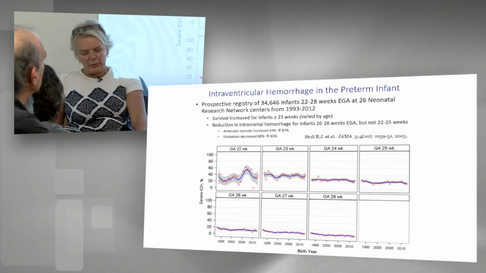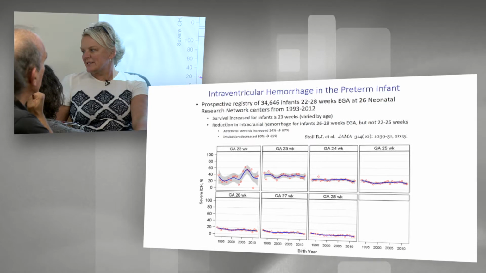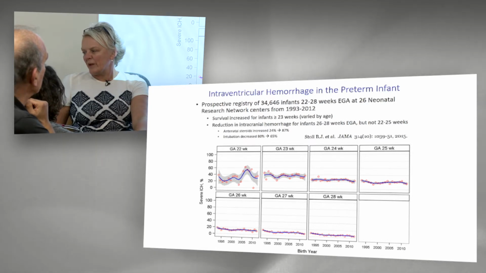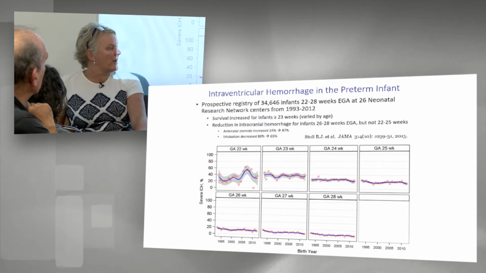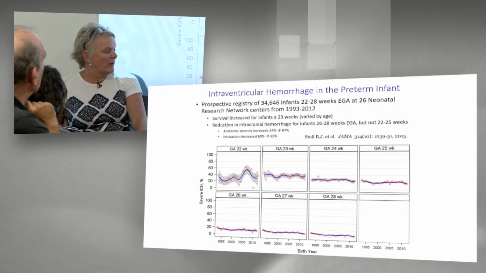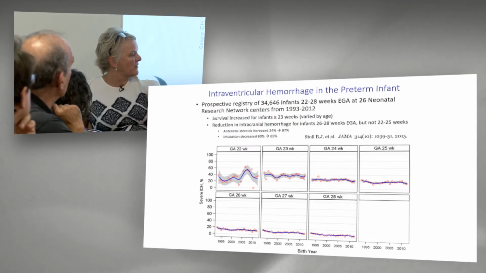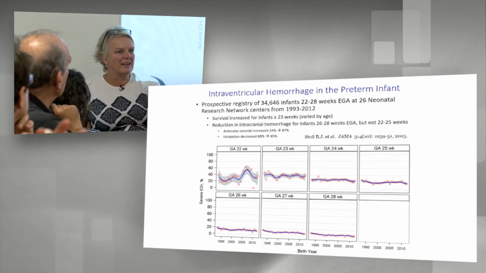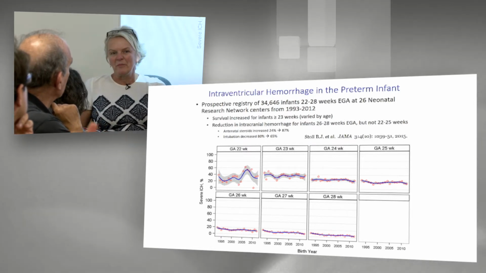I don't know whether it's good or bad, but this is data over 20 years from the Neonatal Research Network, showing that at least in babies between 22 and 28 weeks of gestation, we have made no impact in this condition, that we have almost identical incidences as we had back in the mid-90s.